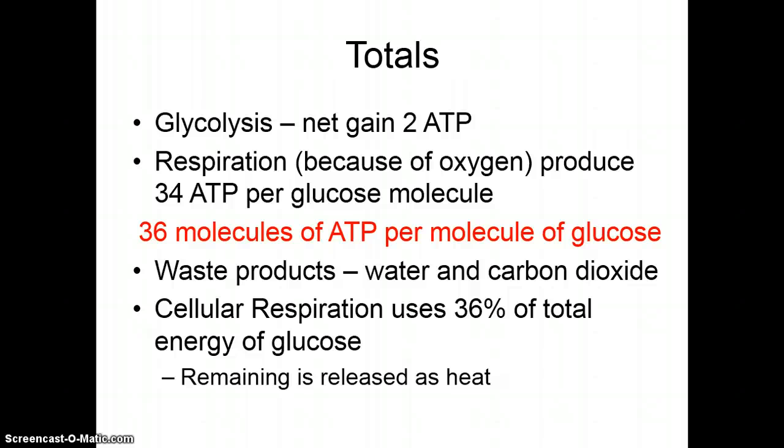Cellular respiration uses about 36% of the total energy of glucose. The rest of it is released as heat from your body. Okay. Your body radiates off a great deal of heat, and that is coming from the glucose that is not used to generate energy in cellular respiration.